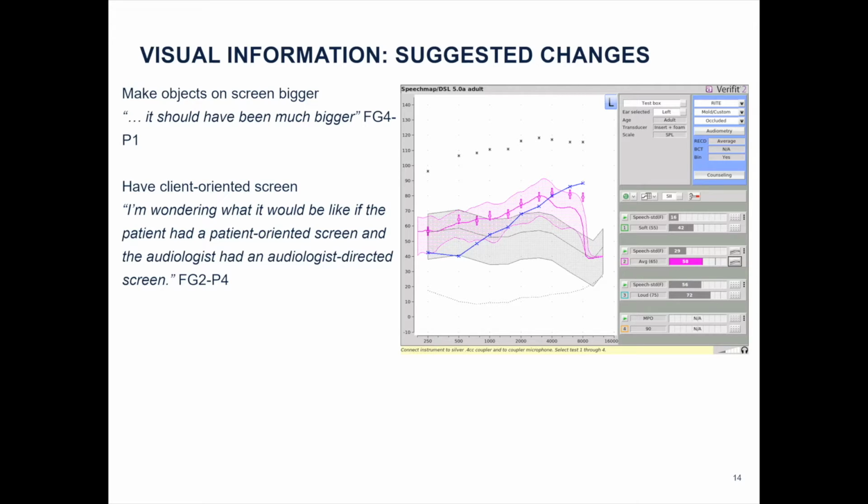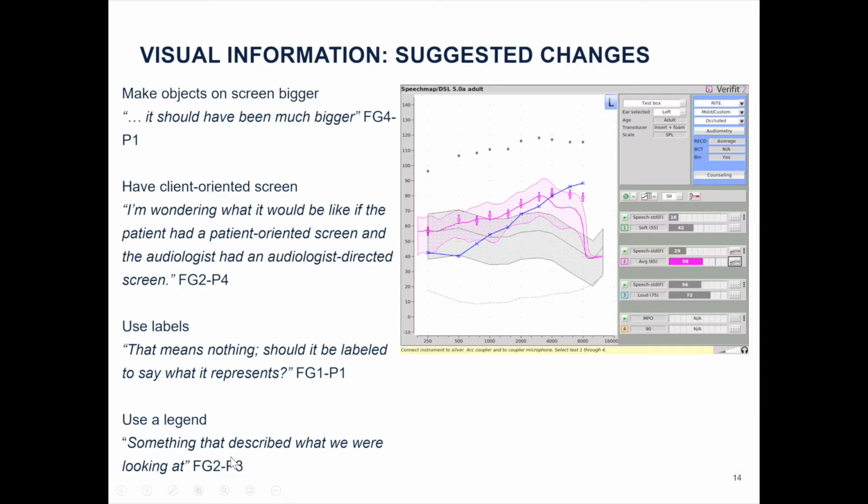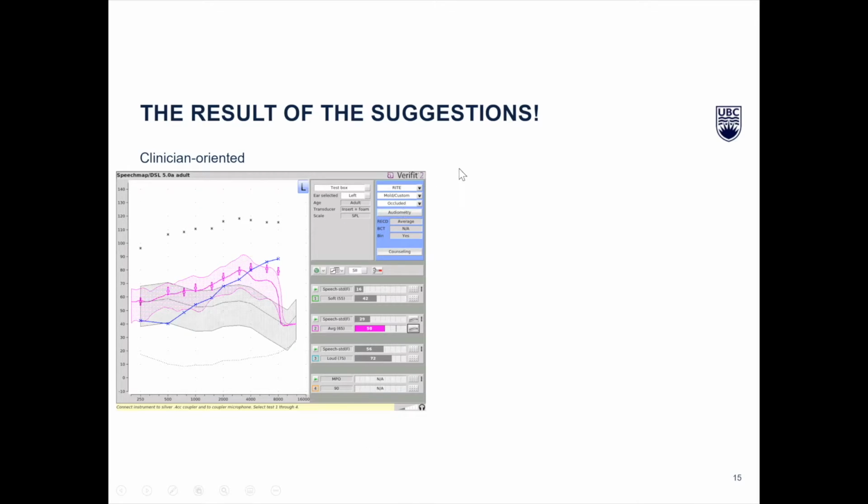Have something that's specifically patient oriented. Add labels. The audiologist has been using this for years and knows what's going on, but maybe the patient needs a little orientation to it. And then legends as well. So these are all really great practical suggestions. We took them back to the company, and they implemented it in their software.